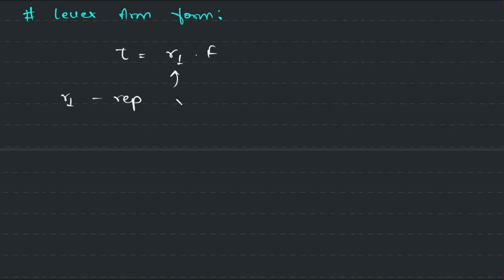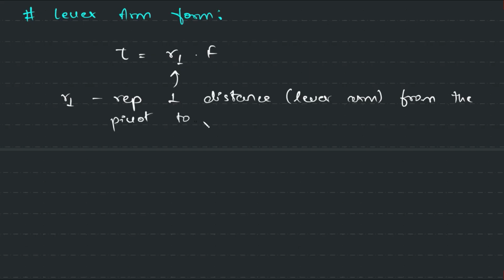Next, there is something called the lever arm form. This is also a scalar product, R perpendicular times F. R perpendicular represents the perpendicular distance, aka lever arm, from the pivot to the line of action of the force.